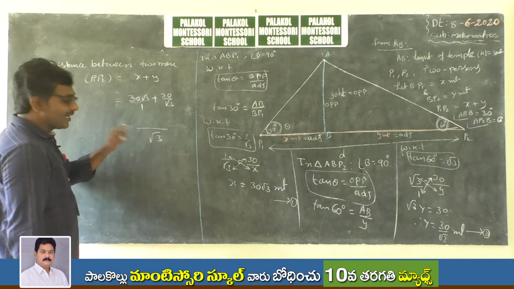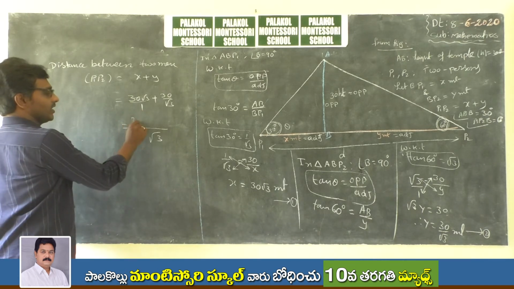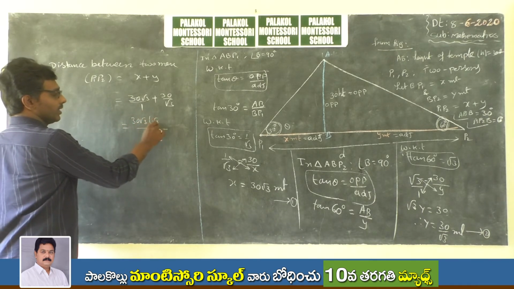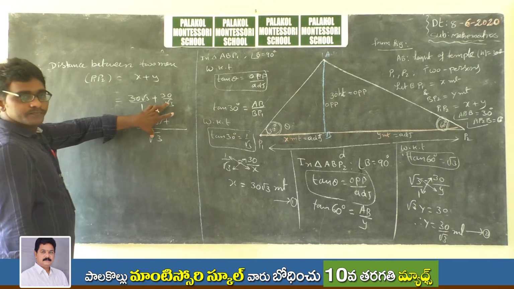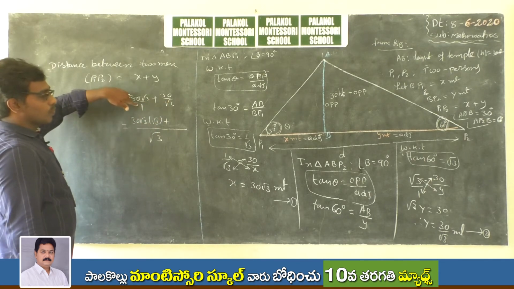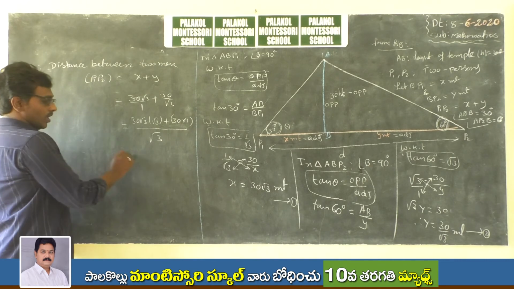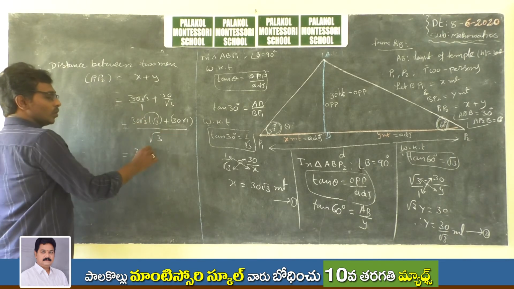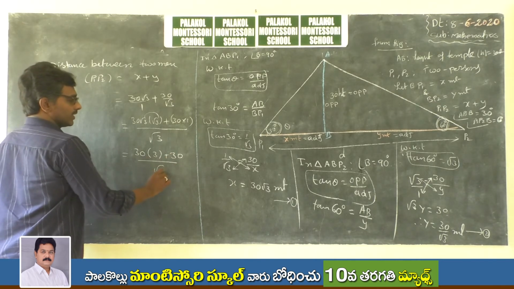Root 3 times cancels, so 30 into root 3 into root 3 is 30 into 3, plus 30 by root 3.